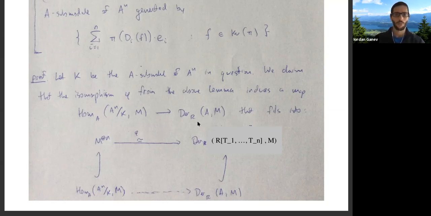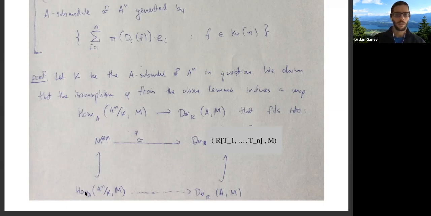In particular, it's a module for the polynomial algebra because A is a quotient of the polynomial algebra. From the previous lemma, we had this isomorphism phi from n copies of M to derivations from the polynomial algebra to M.